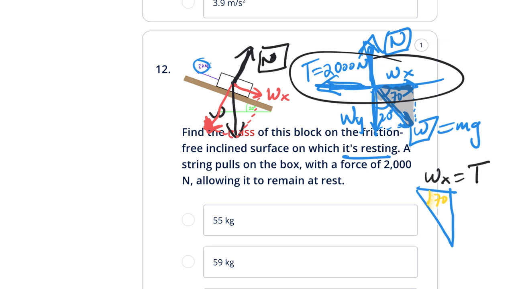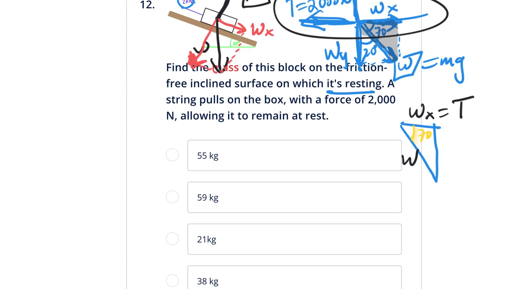What am I looking for? The hypotenuse. So you use Wx equals W times cosine of theta. Be sure you pick the angle from the x-axis, not from the y-axis.